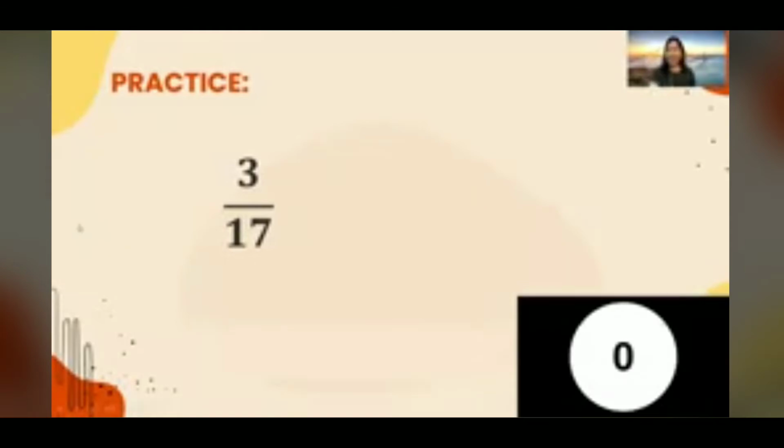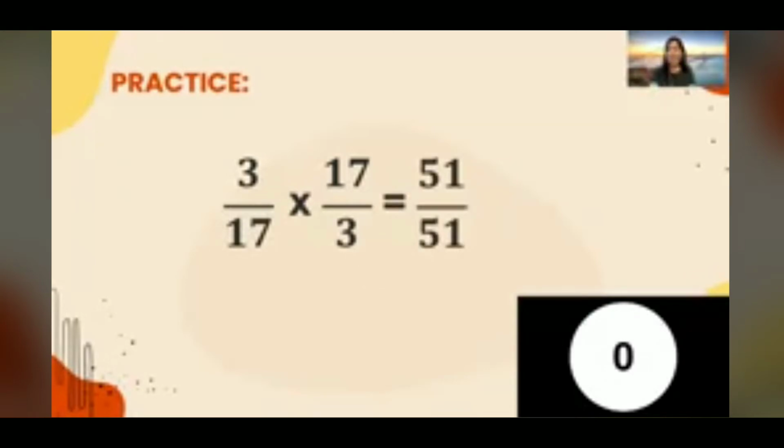Time's up. Now tell me your answer. Great. 17/3. So let us check it out. 3 times 17. How about 17 times 3? All right, 51. And 51 divided by 51 is 1.